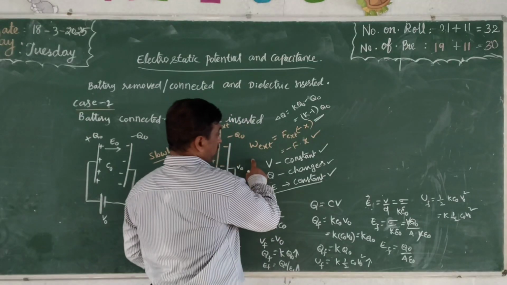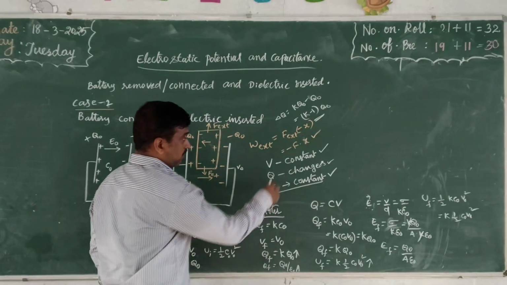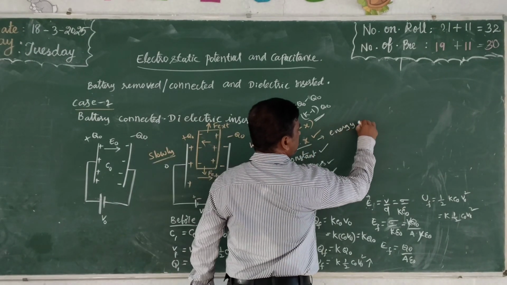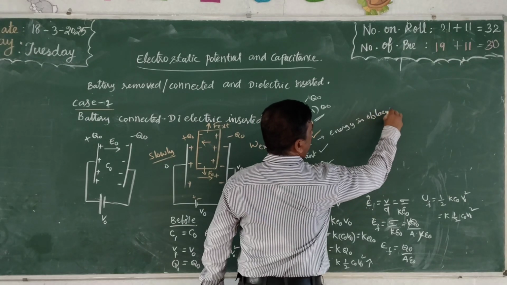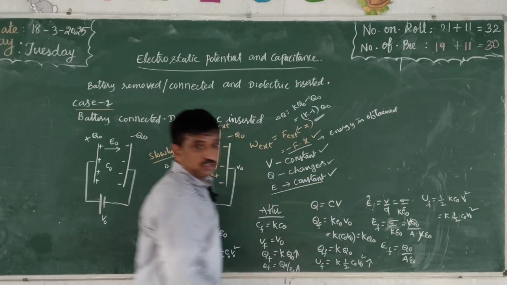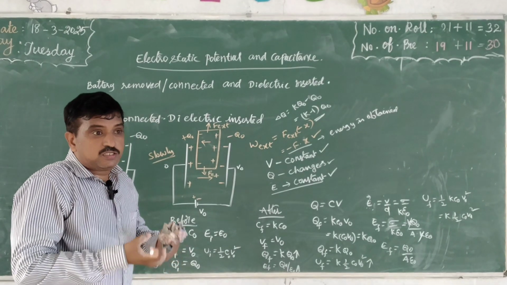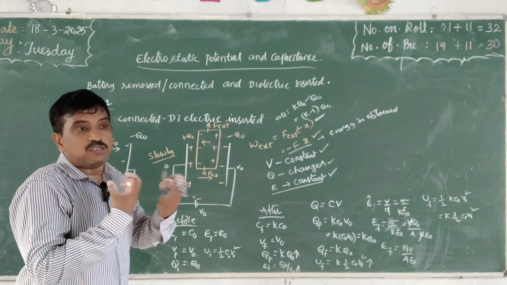Here see, work done by external force. We get a minus sign, which means energy is obtained. Here also energy increases. Before, with the battery removed and dielectric inserted, whatever energy was obtained, that much potential energy decreased.